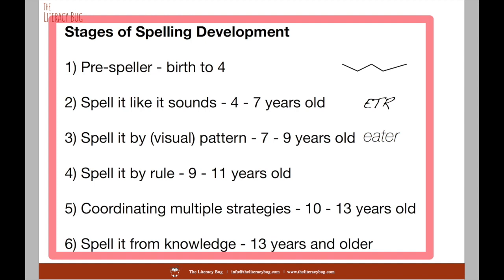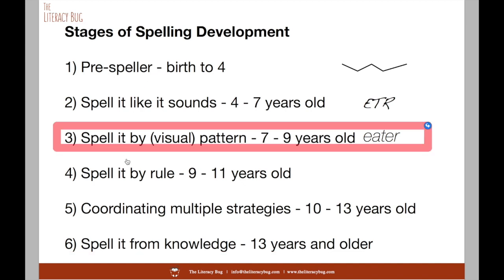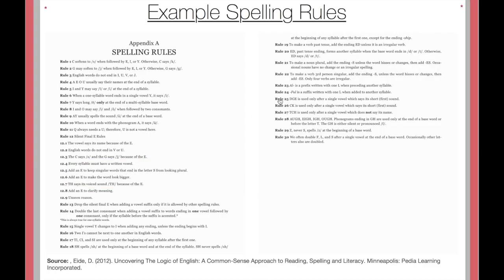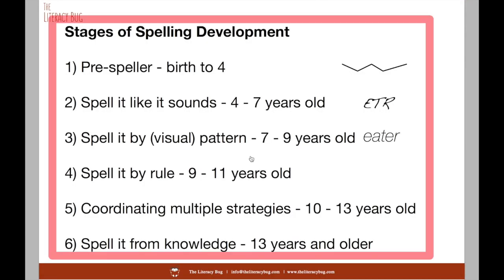And then they start to match not only their phonological knowledge, but also the orthographic knowledge of visual regular patterns in English between the years of 7 to 9. And then between 9 to 11, they start to apply an understanding of particular rules. So these are rules of the English language that can be taught, but they're taught later on in the piece.